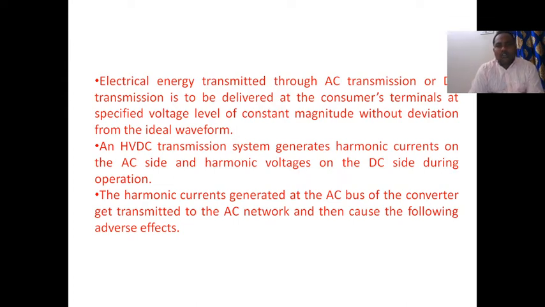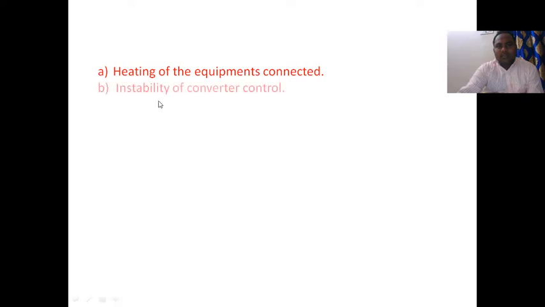Already I told that harmonics are multiple frequency waveforms. So, what are the effects? Because of harmonics, there is heating of the connected equipment, and instability of converter control. What is meant by instability? Stability means PS minus PE is equal to 0. The steam input power must be equal to the electrical output power, which is possible in an AC system.